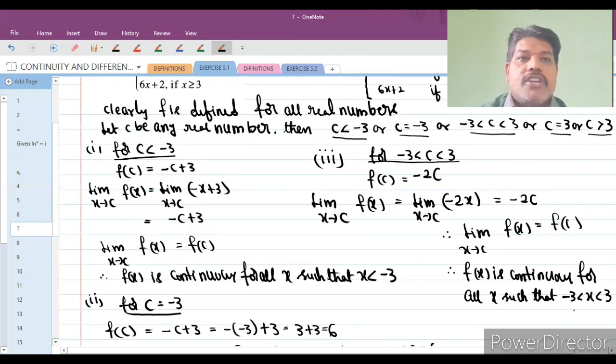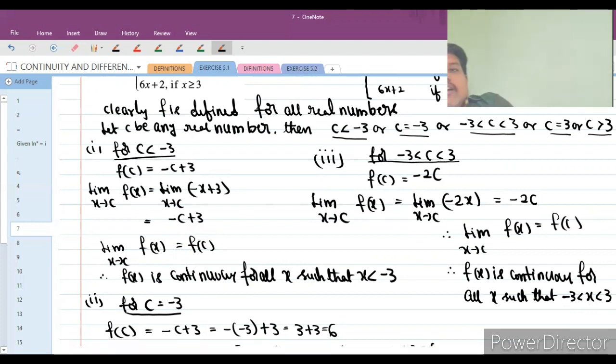All understood, students? So that is case 3. So case 3, case 1 and case 2 are all equal. That is an easy method.